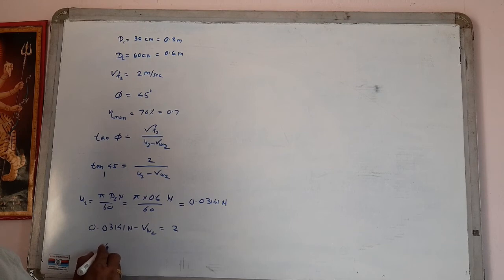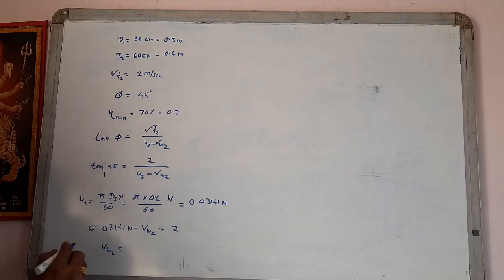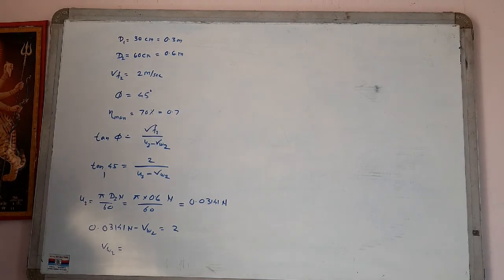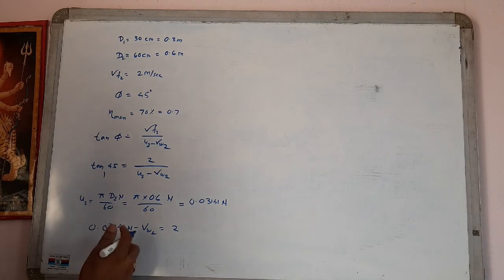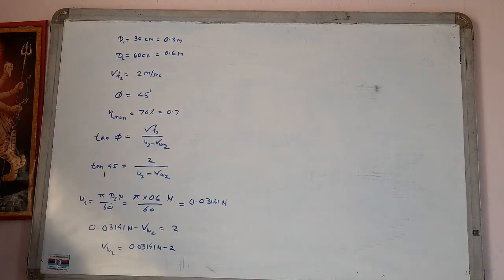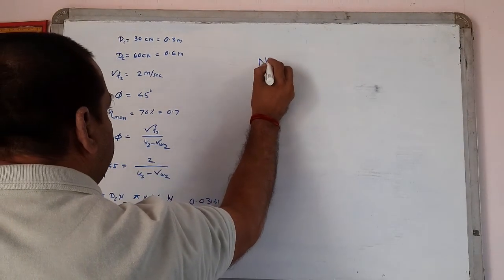So the value of Vw2 equal to U2 minus 2, which is 0.03141 n minus 2.